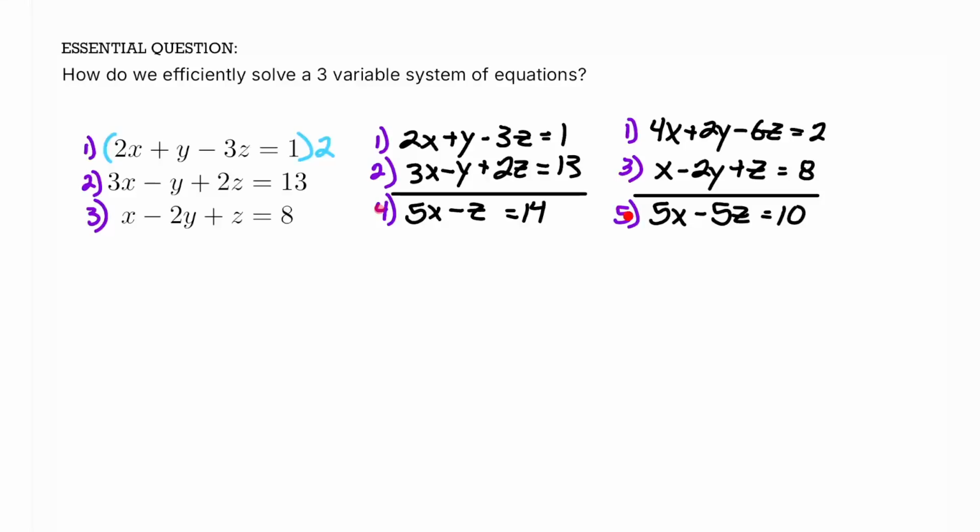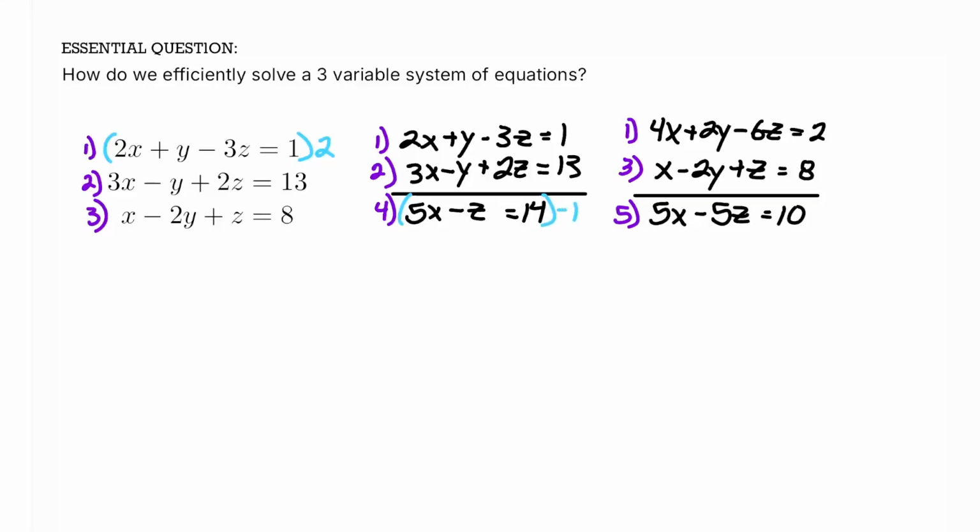So now I'm going to combine equation 4 and 5. And all I've done now is taken my 3-variable system and I've turned it into a 2-variable system. I've got 5x and 5x. I've got negative z and negative 5z. I can eliminate my x's by multiplying either equation 4 or 5 by a negative 1.